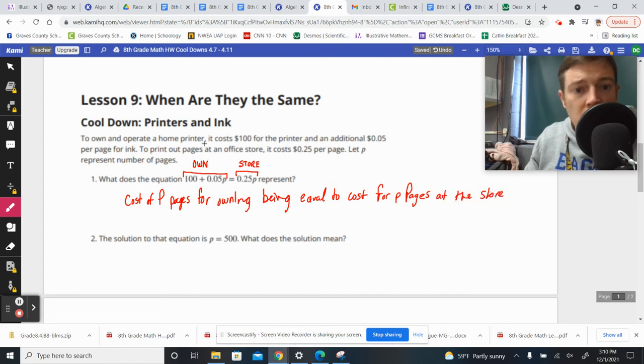So when will the cost of you owning a printer and printing this many pages be the same as you taking it to the store and doing it? How many pages will it take if we solve that?